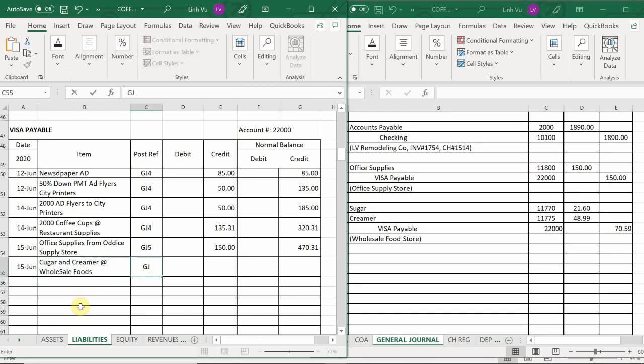So we have 70.59 on the credit card, and the total is 540.90. Good.